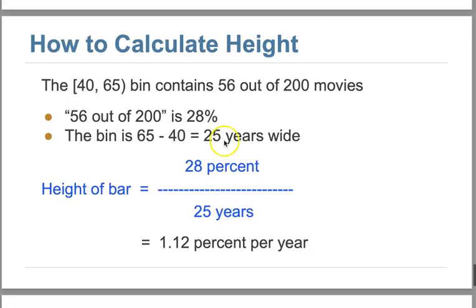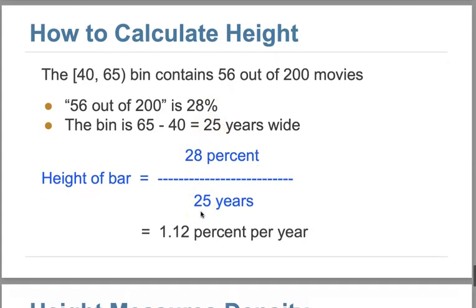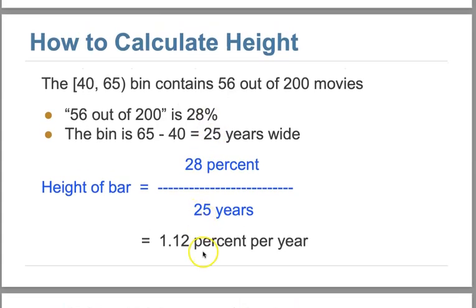The same thing for the width: 25 is the width, and for that interval the percent is 28%. Divide by 25 years, that's 1.12 percent per year. That's your height, and that's the unit for the y-axis.